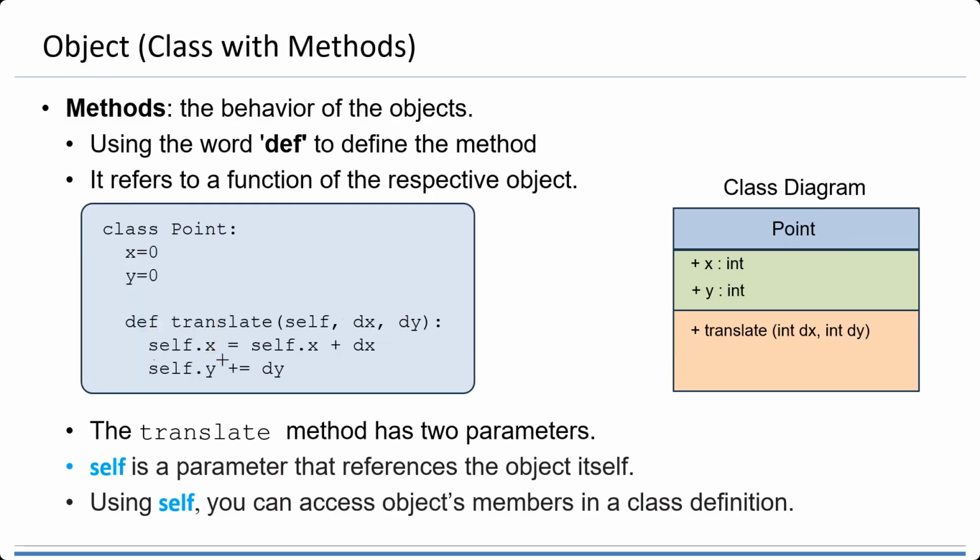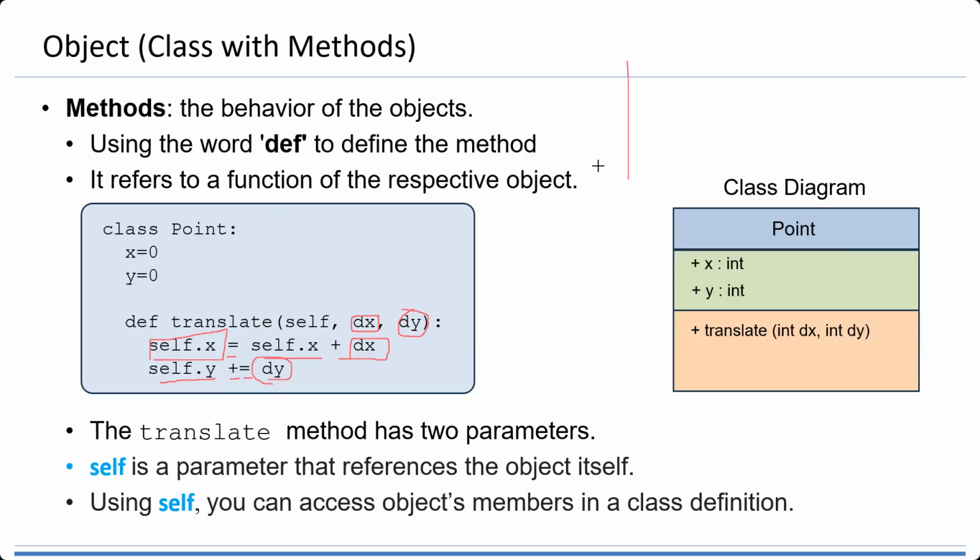In this case, I'm using self.x, and it will be updated by self.x plus dx. So dx is the value passed in. And self.y plus equals dy, so it will be updated with dy.